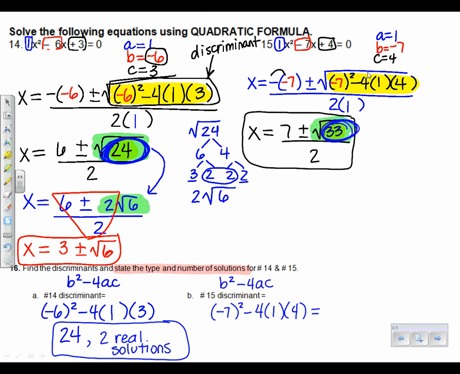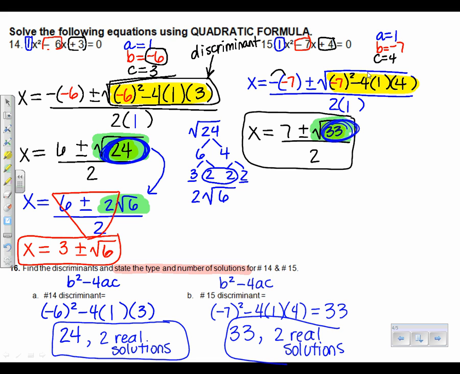Negative 7 squared minus 4 times 1 times 4. I'm checking again. Yes, it is 33. So part of my answer is finding the discriminant, which I did. State the type and number of solutions because it's positive, I'm going to have two real solutions.